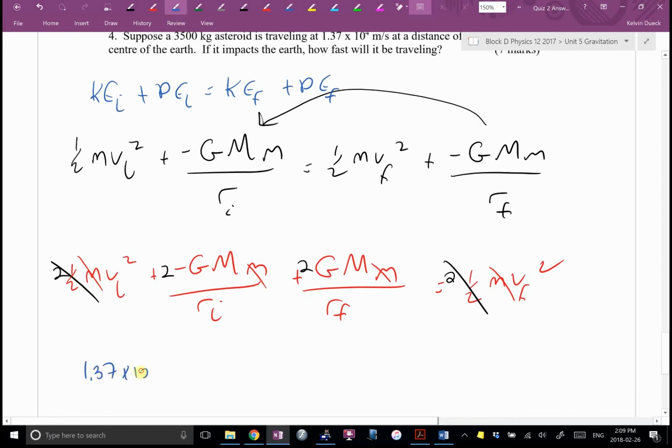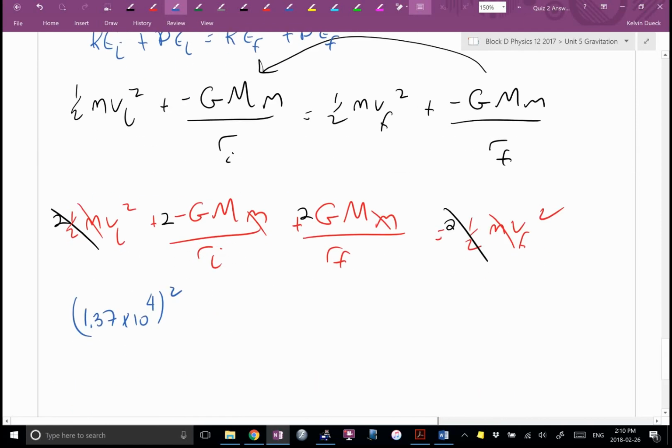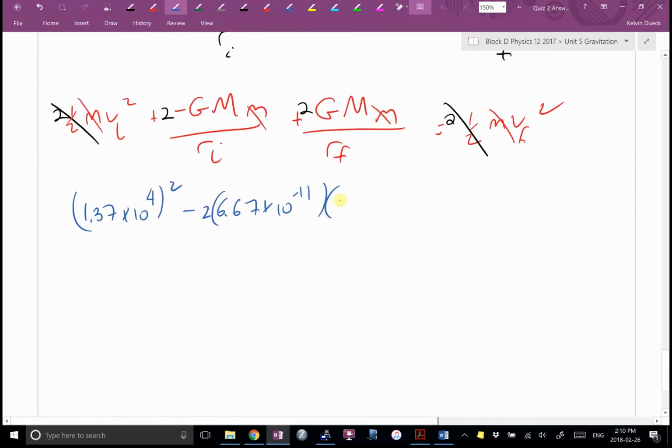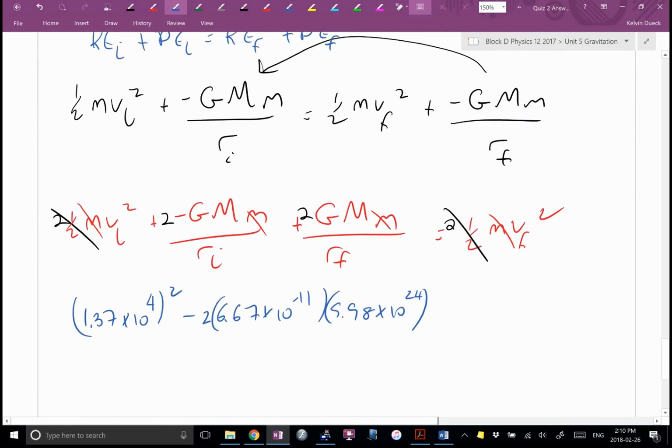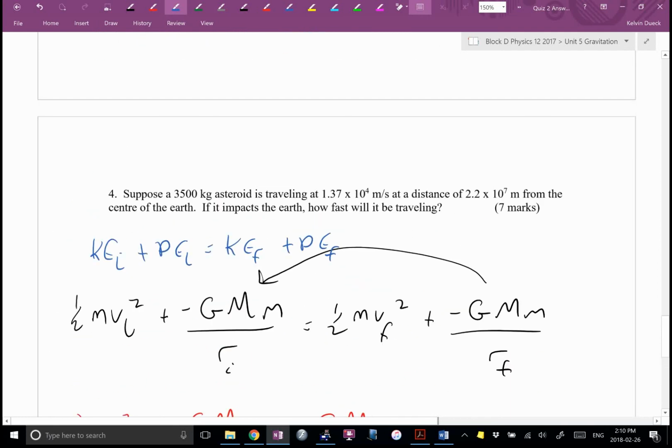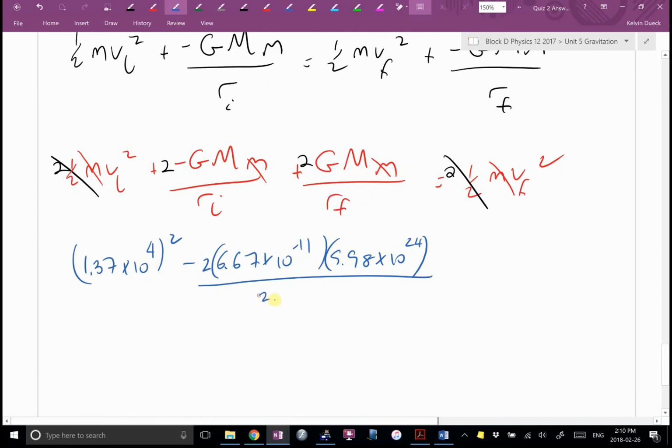1.37 times 10 to the 4th squared, take away 2 times 6.67 times 10 to the negative 11th times, for the Earth, 5.98 times 10 to the 24th. Oh, little m canceled. All over, what's our initial radius? It is a radius because it says from the center of the Earth, 2.2 times 10 to the 7th.